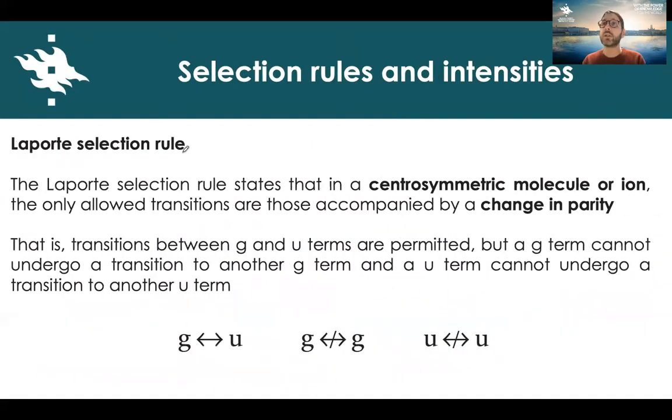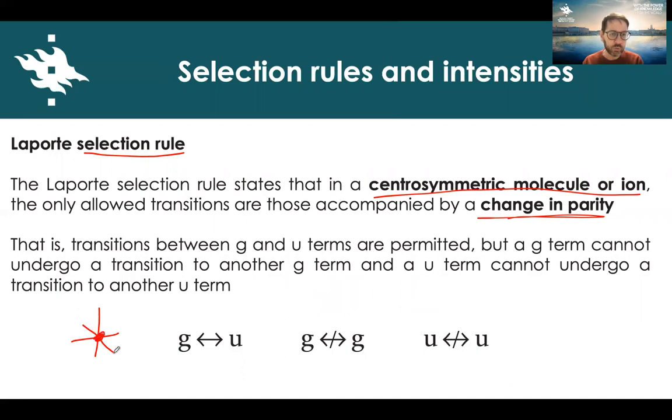And there is another selection rule, the Laporte selection rule, which rules that in a centrosymmetric molecule or ion, so molecules having a center of symmetry, the only allowed transitions are the ones that lead to a change in parity. For example, an octahedral complex is a centrosymmetric environment, an environment in which we have an inversion center.